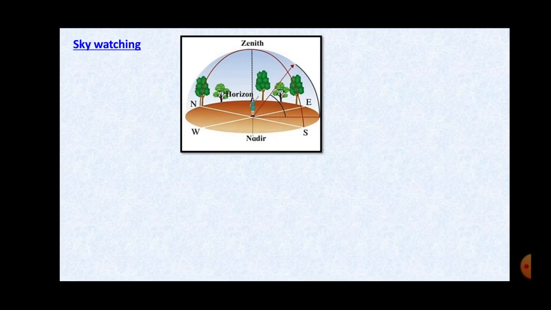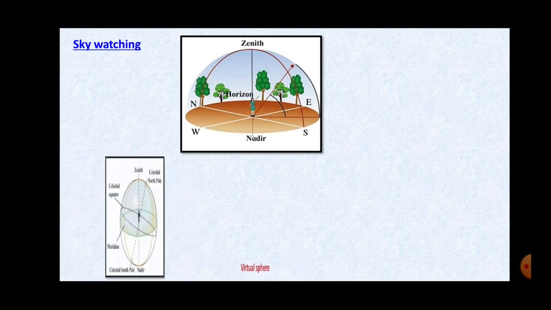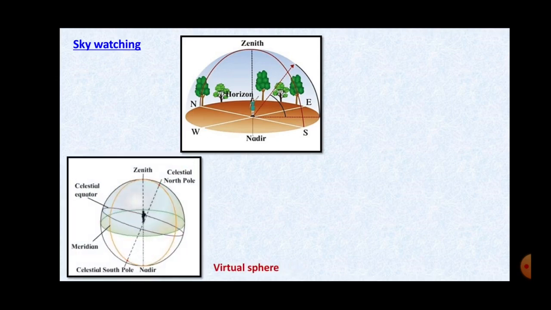Now, if we look at the sky, at some place we feel that the sky is touching the ground, right? So that line where we feel that the sky is touching the ground is called the horizon. And when we turn around, we will see that the horizon is seen as a circle.